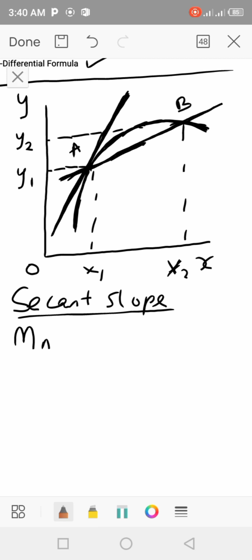m_AB, that is the slope between 2 points over the range between 2 points, point A and B, which is change in y over change in x.